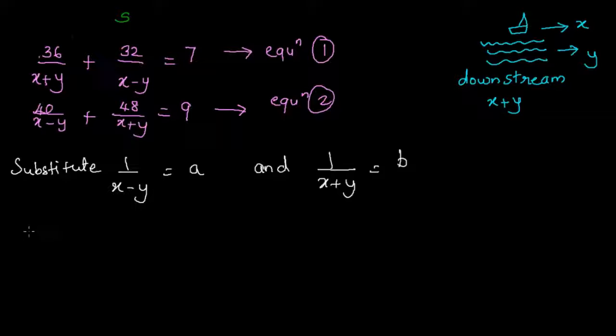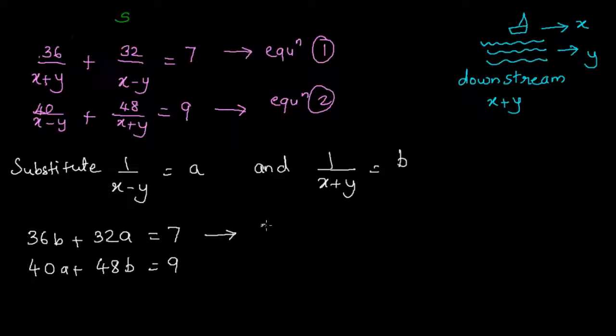Therefore our equation 1 becomes 36b plus 32a is equal to 7, and equation 2 becomes 40a plus 48b is equal to 9. I label this as my equation 3 and this as my equation 4.